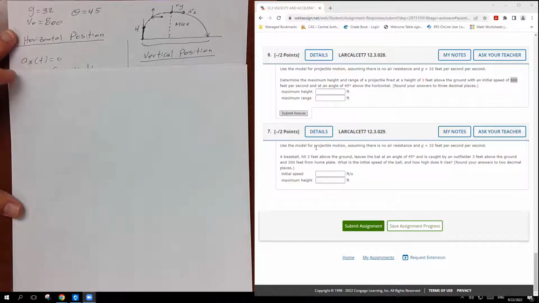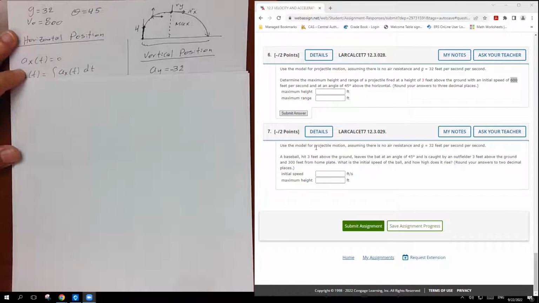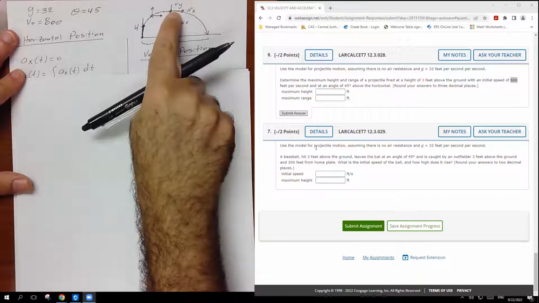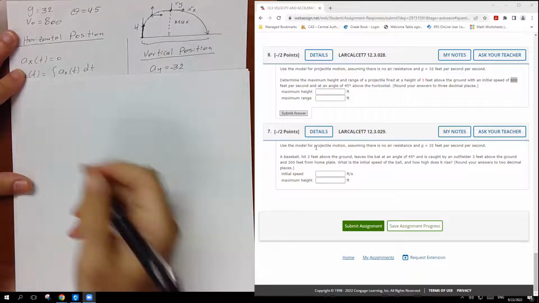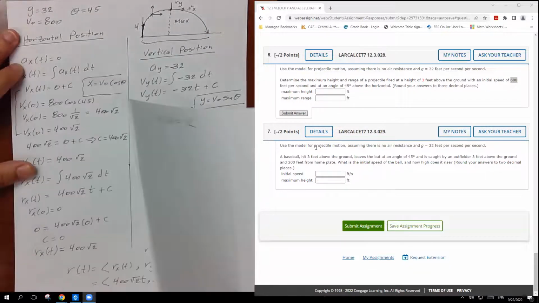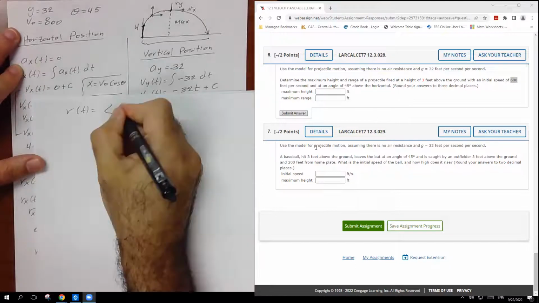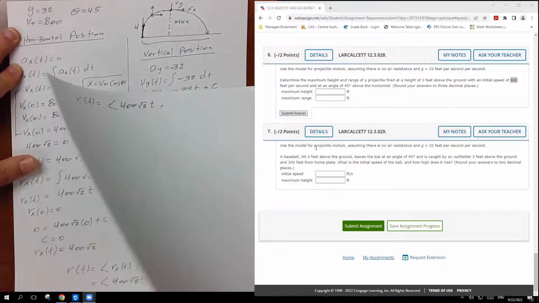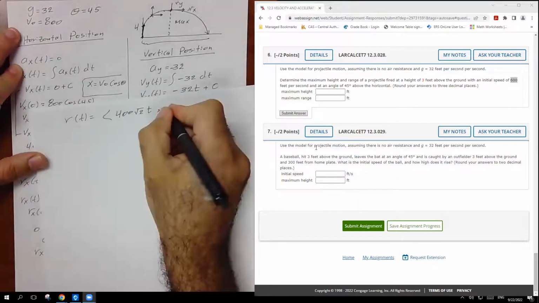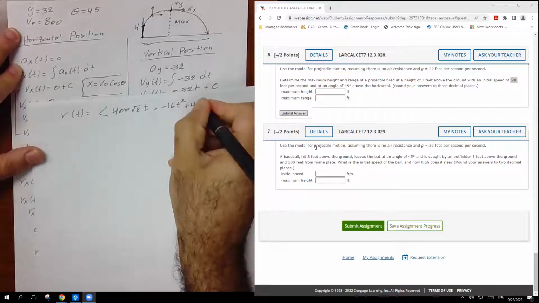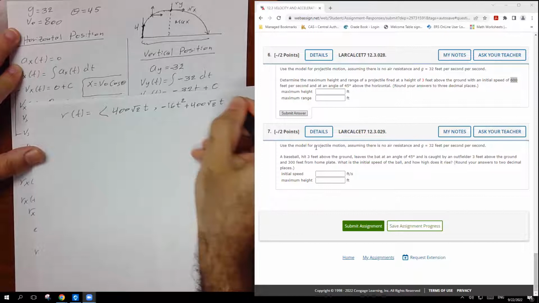So now we have already the position vector. We're going to use this again, but now I need to find the time, because that's the problem. I have the position vector, r of t, equal to... let's write it down again: 400 square root of 2 t, and the second component is negative 16 t squared plus 400 square root of 2 t plus 4.